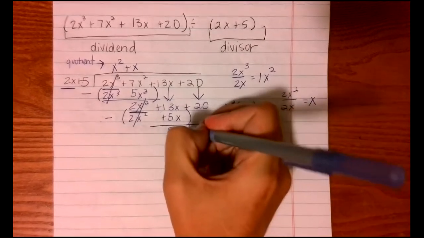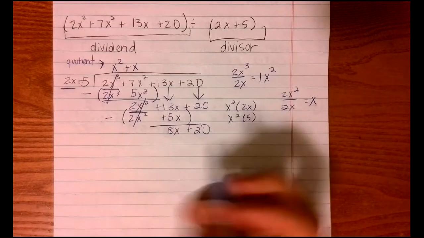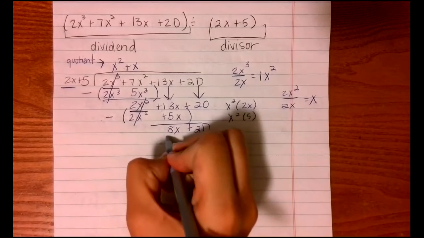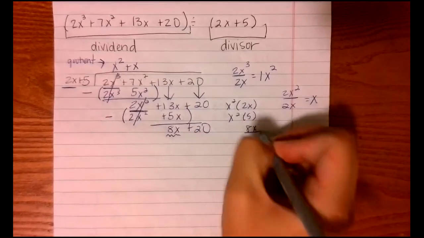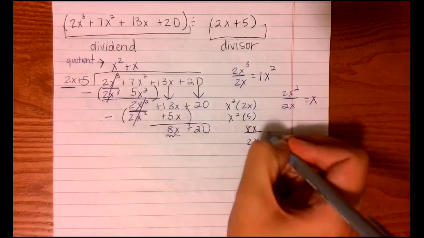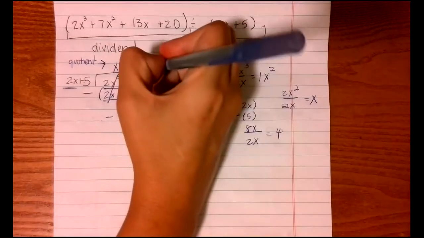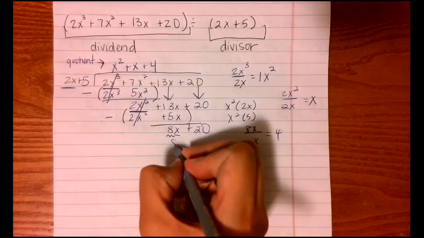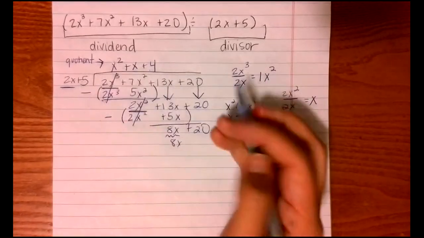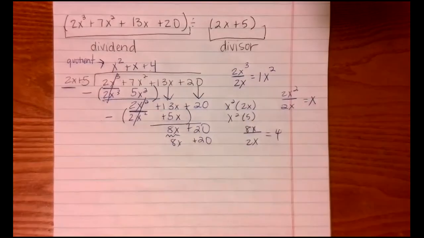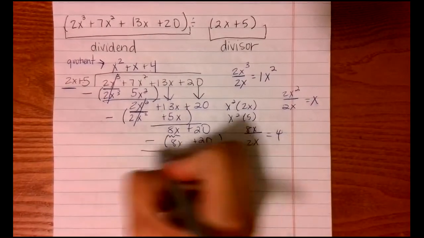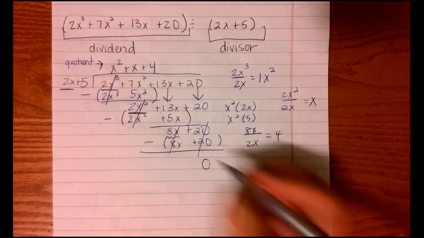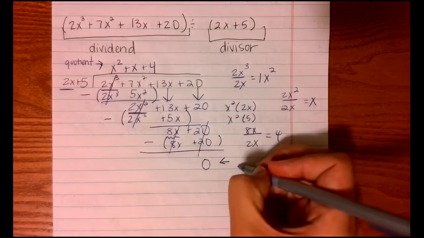And then bring your 20 down. Then we can go one more time with the division. 8x divided by 2x is 4. 4 times 2x is 8x, and 4 times 5 is 20. So when you subtract, the terms cancel, and because they cancel, we are left with no remainder.